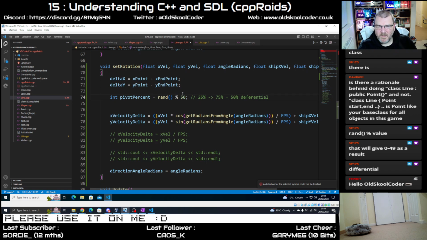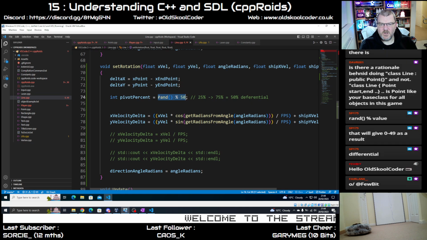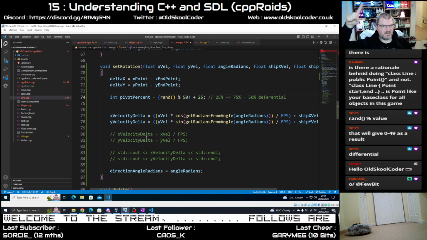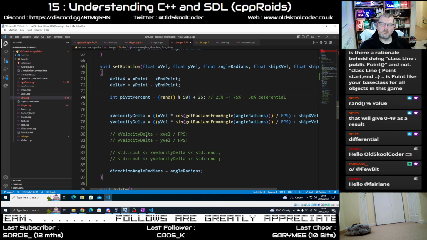Right, so we said that we're going to have a pivot point between 25% and 75%, which means we've got a 50% range. So we're going to create a random number between 0 and 49, yeah? And then we're going to add 25 to it. So that will give us 25 to 74.